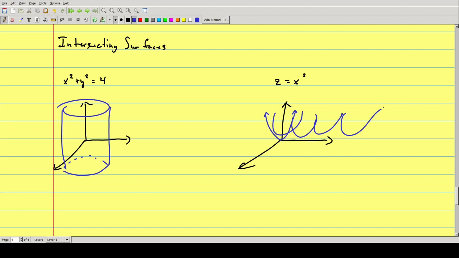Does that make sense? Sort of. Maybe if I draw one picture, it'll look a little bit better. Like that.